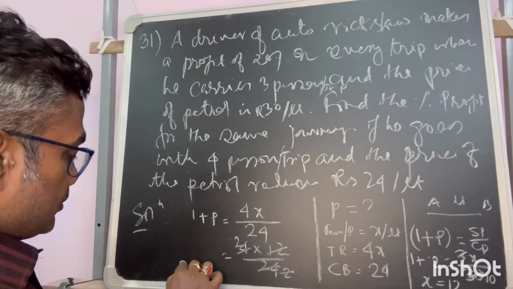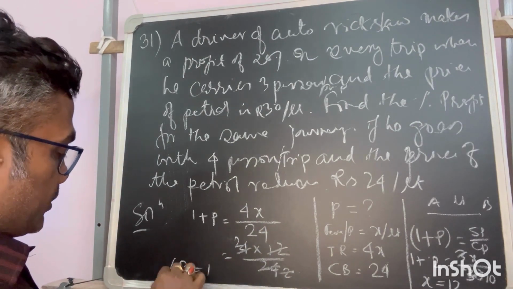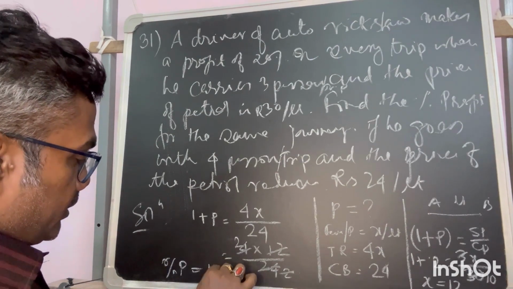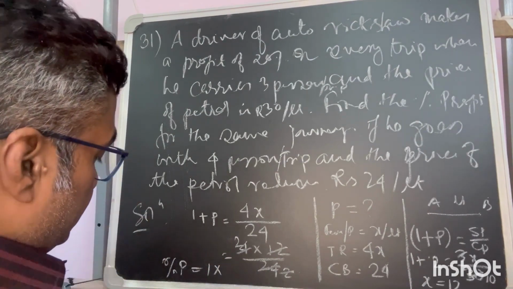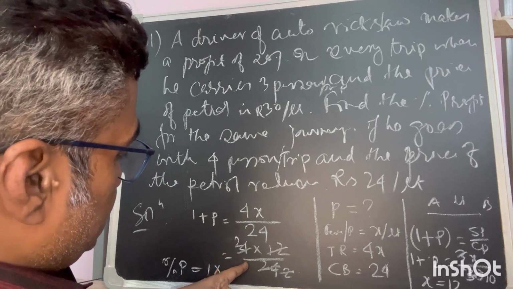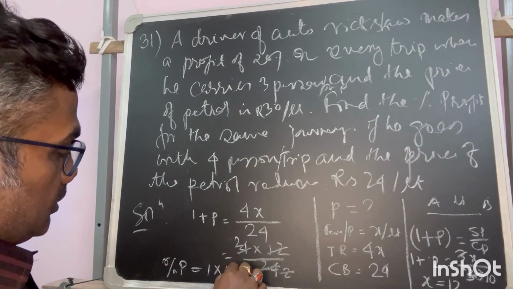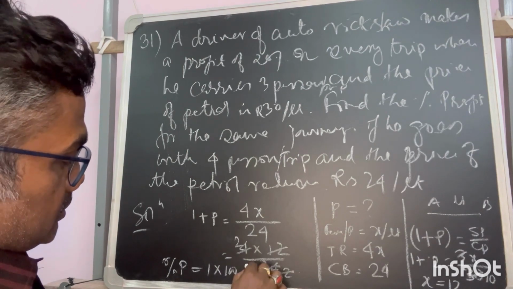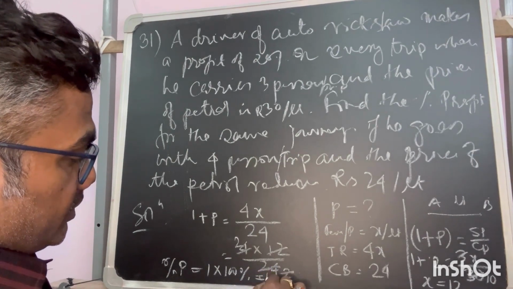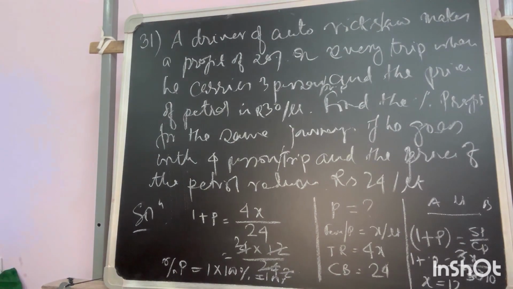So 1 plus P is 2, P is equal to 1, and percentage profit is 1 into 100, that is 100%.